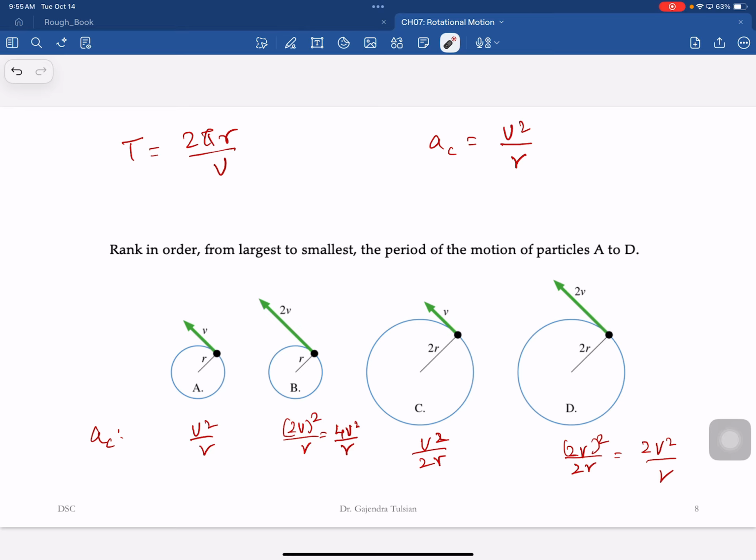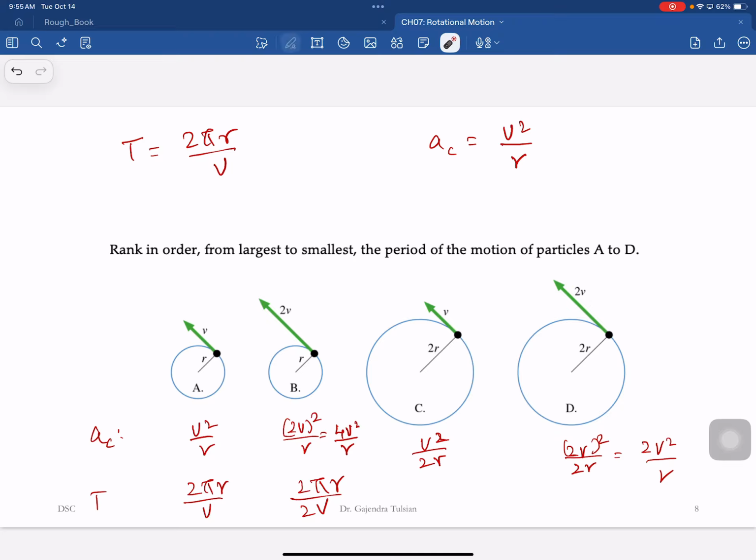Now let's do the period. The period for this one is 2 pi r divided by v. For this one, it's 2 pi r divided by 2v, so the period is half the period of the first. So if the first takes 4 seconds, this motion only takes 2 seconds because it's going twice as fast, with the same radius.